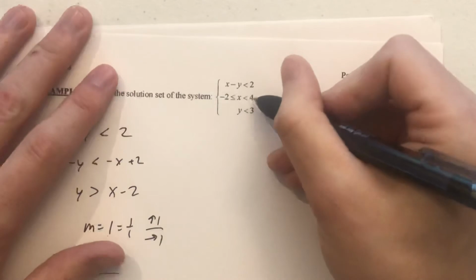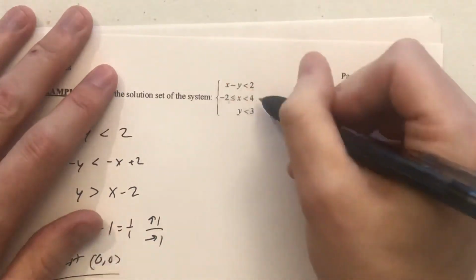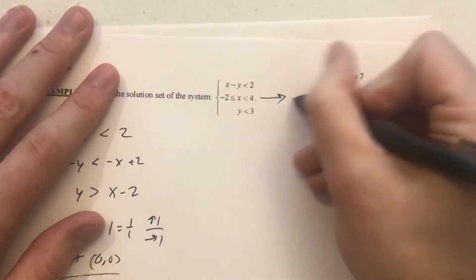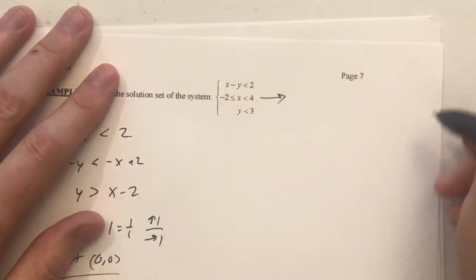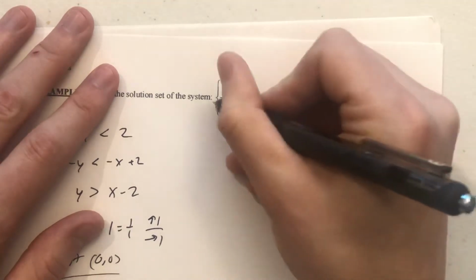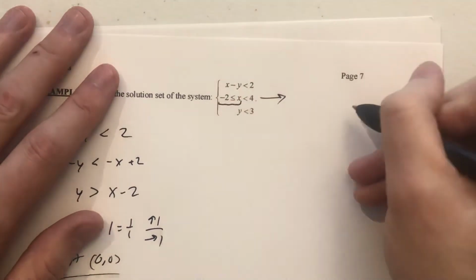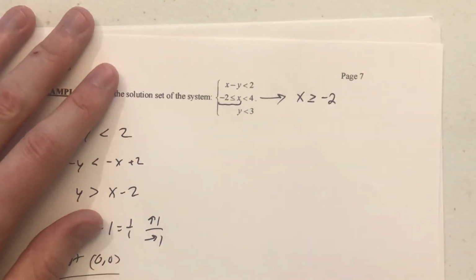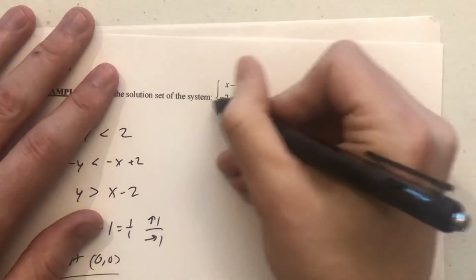Now the next line is really 2 inequalities. This is comparing x in 2 different ways. And I would strongly suggest just writing it out. Write it as x compared to one number, x compared to the other. Always write x first for easy comparison. Meaning when I read this one, this says negative 2 is less than or equal to x. That's the same as saying x is greater than or equal to -2, just like reading it backwards.